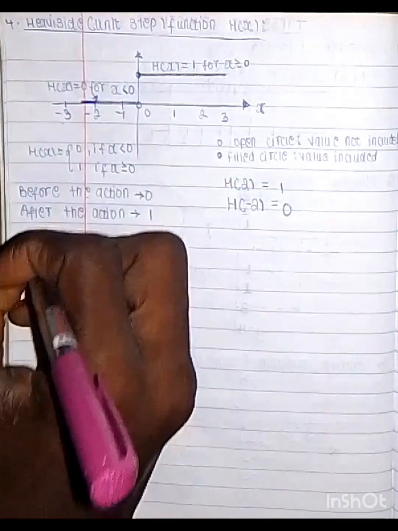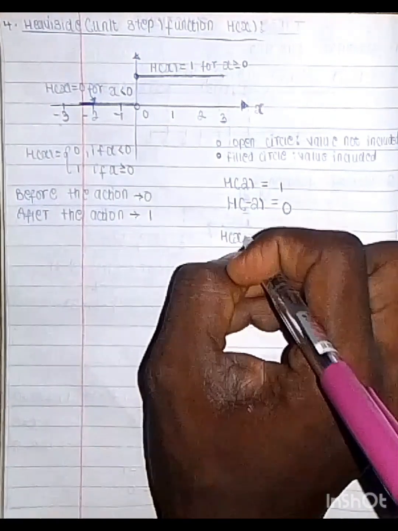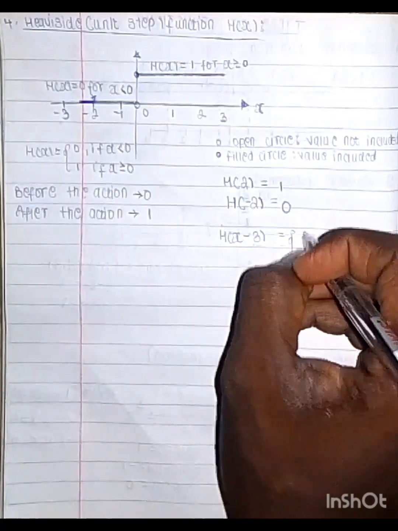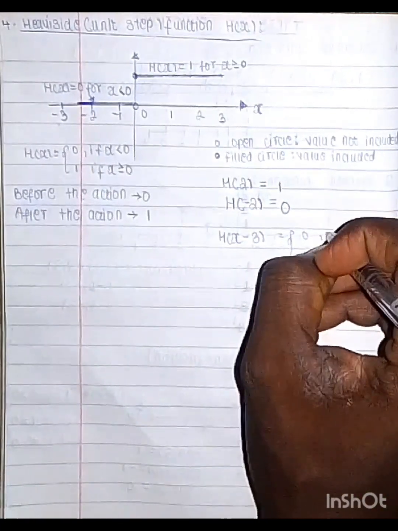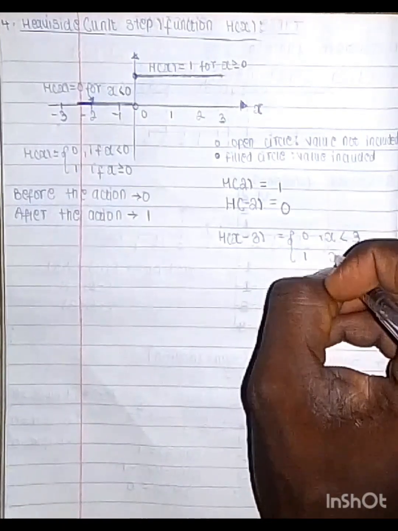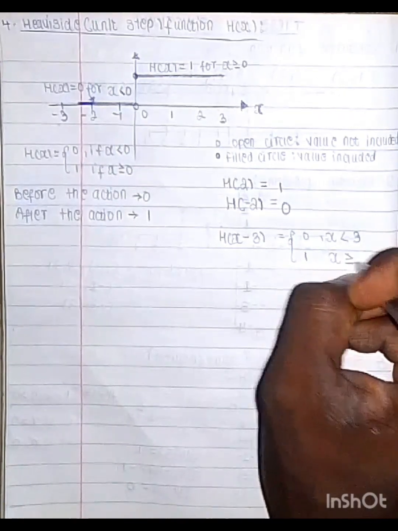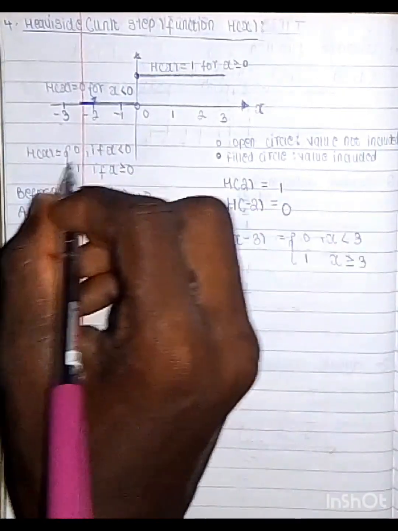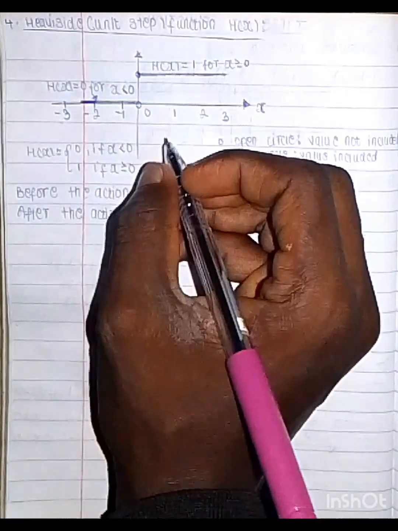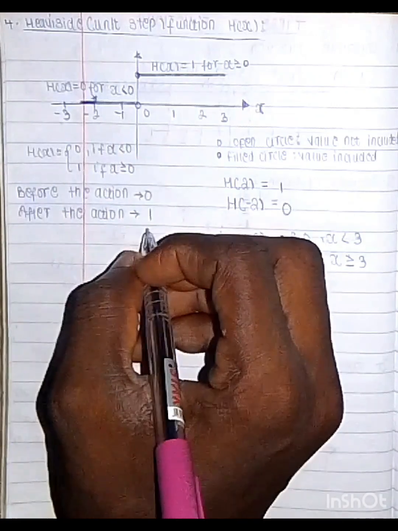That is just an expression for a Heaviside function. For example, we have H(x minus 3) equals 0 if x is less than 3, and 1 if x is greater than or equal to 3. It's supposed to be 0, but since we have 3 here, this is known as the switch point, where it can switch to 1.